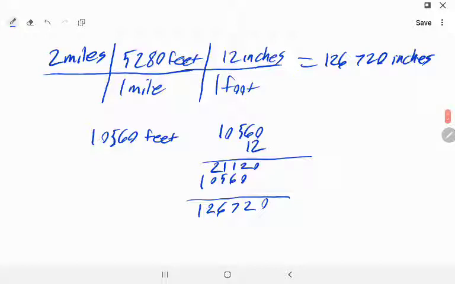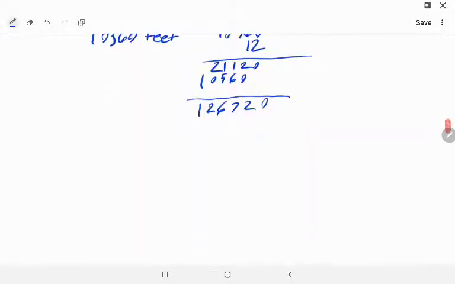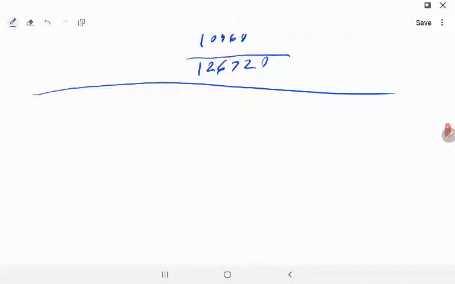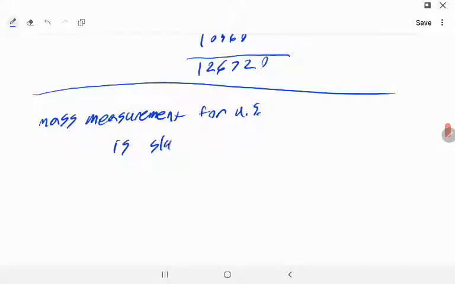And so again, your textbook focuses on length. We'll just mention as a side note that the US system doesn't really use mass. Oddly enough, the mass measurement for the US system is slugs.